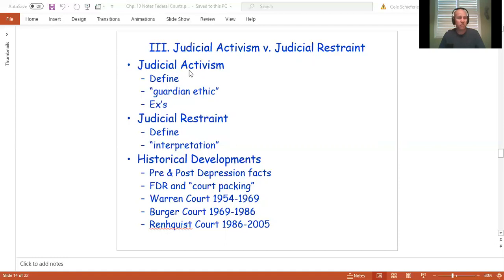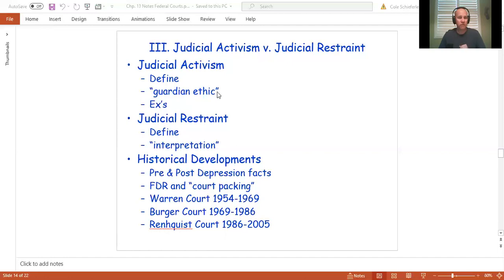And it was the job of the judicial branch, they said, to step in and protect minority rights. We are the guardian of the people, okay? And so even though it doesn't specifically say in the Constitution that segregated schools are illegal, they would interpret that through the Equal Protection Clause of the 14th Amendment, that people were not being treated equally under the law and their civil rights were being violated.